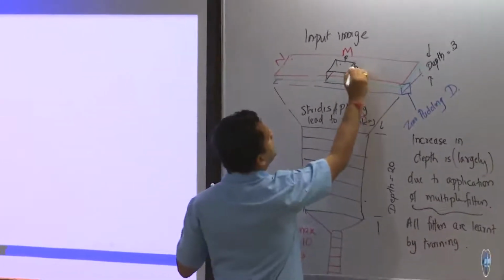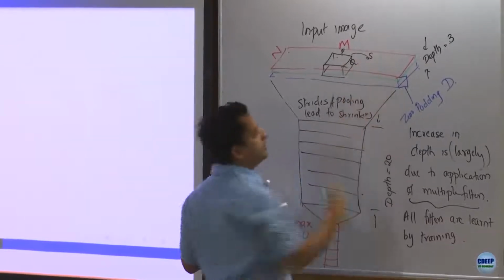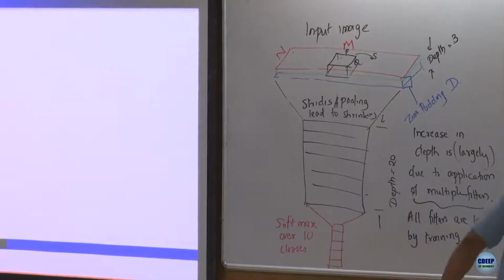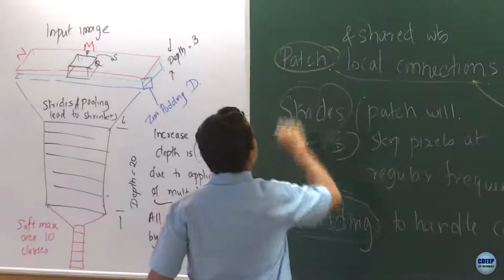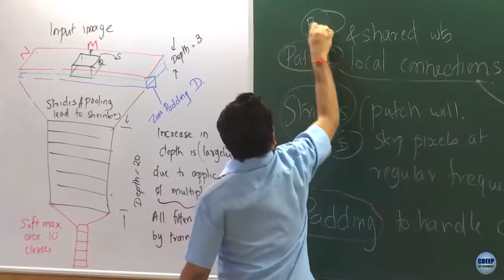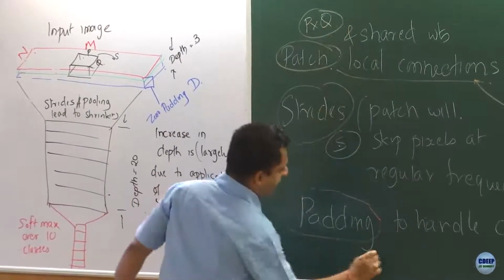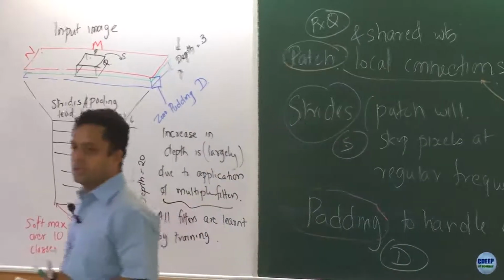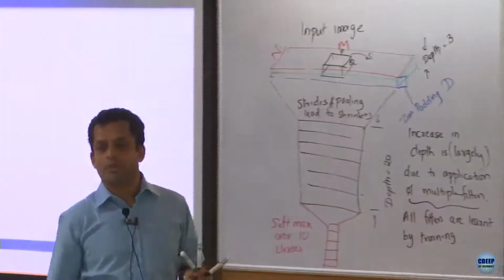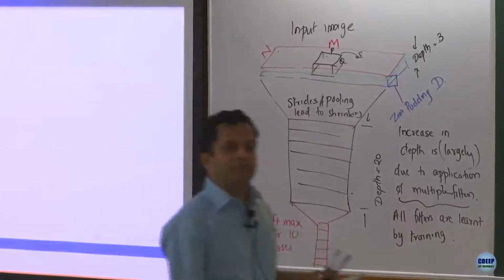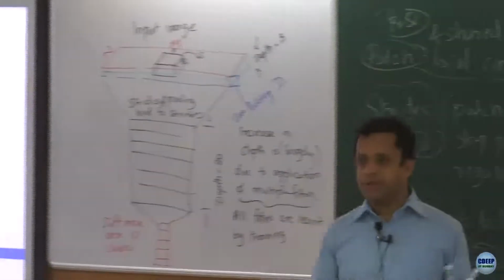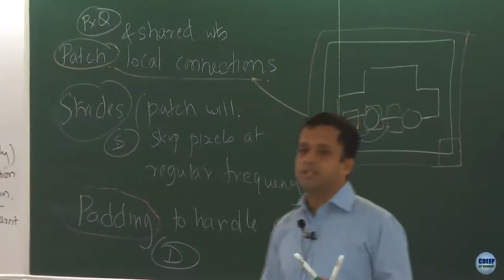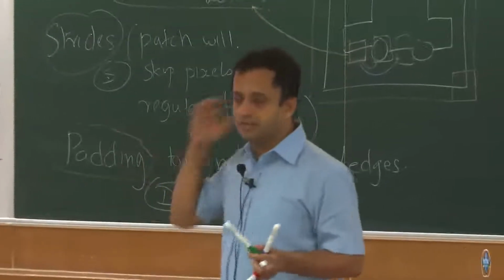So the stride size, how much you move this unit at a time, is S. So this stride size S, patch size P cross Q, and padding, let's say 0 padding of size D. Can the stride be different for the x and y axis? You can make it different. We will keep it the same. You can make it S subscript M and S subscript N.